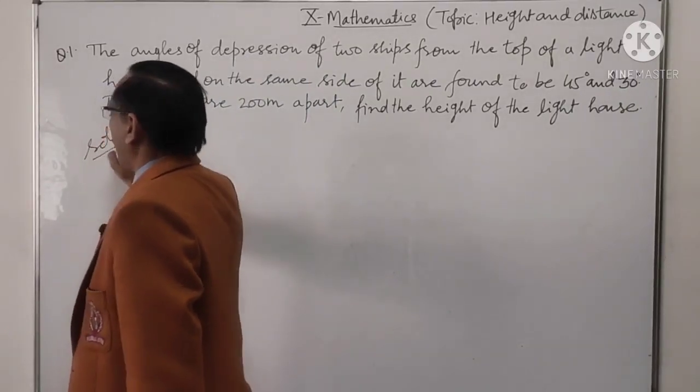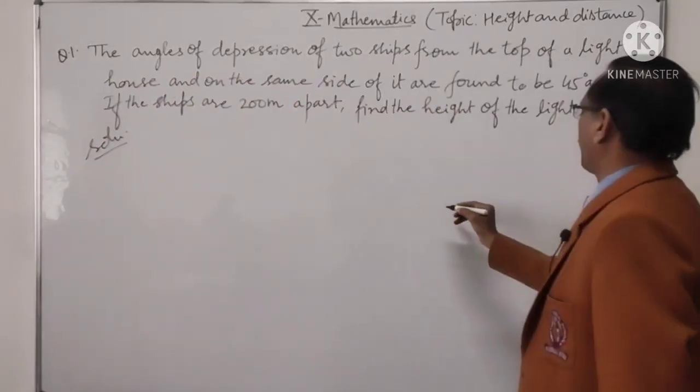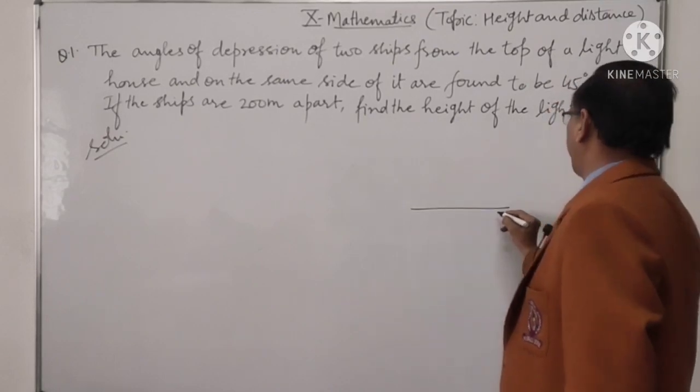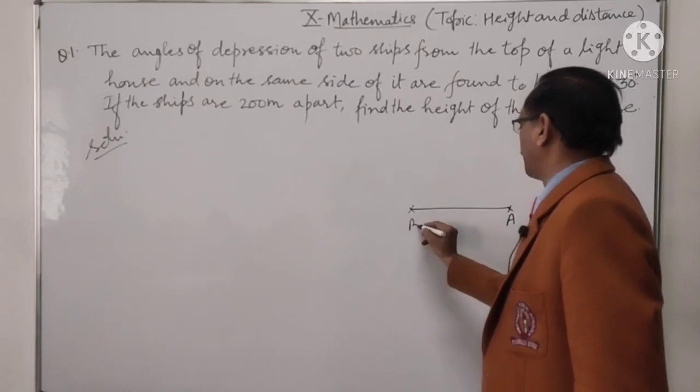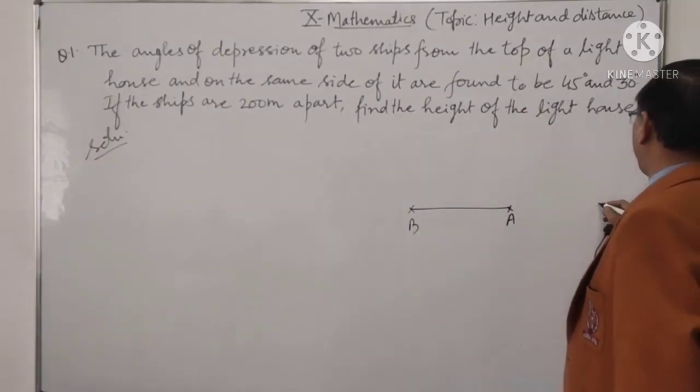Student, first of all, make the figure. Let there be two ships, one at position A, another at position B. There is a lighthouse.